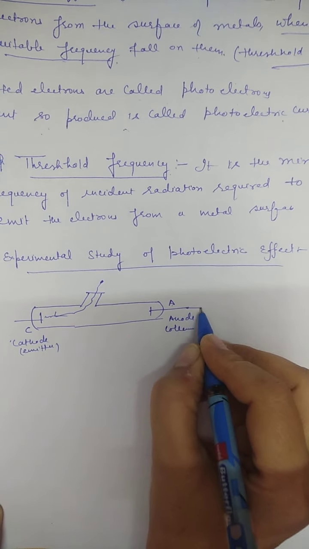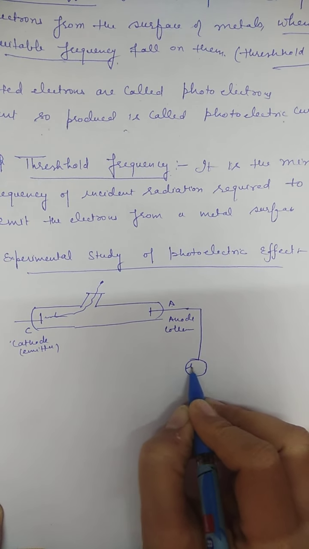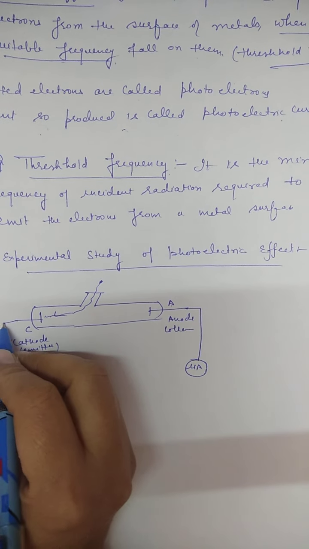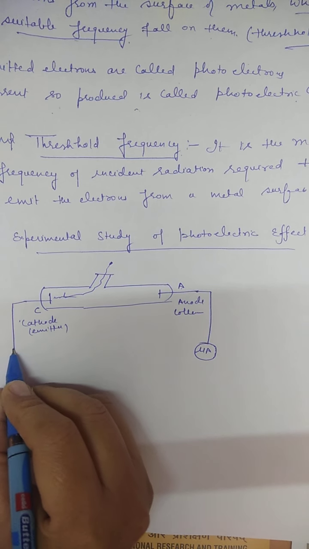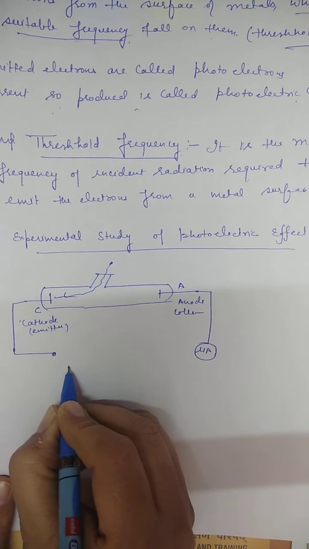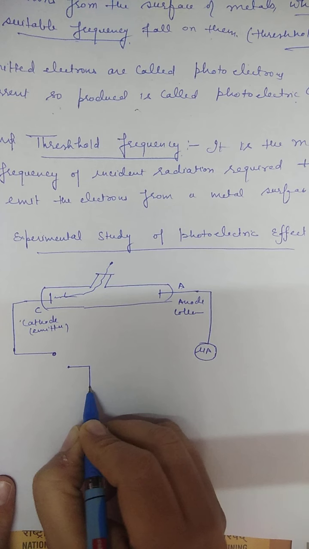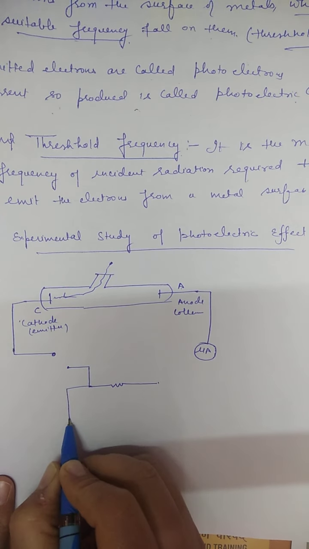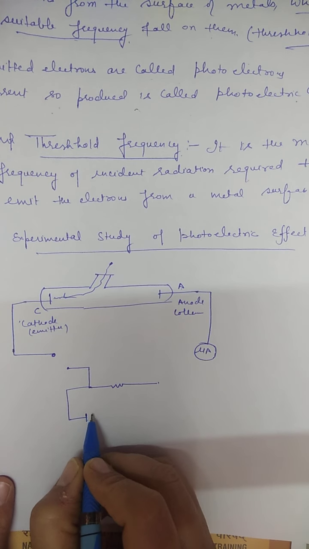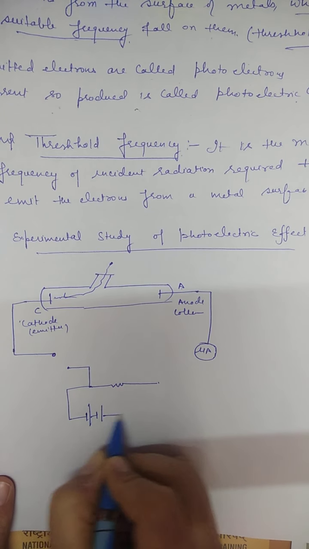It is connected to a micrometer, because this current is very small. Then it is connected to a battery through a reversing key. रिवर्सिंग की का फंक्शन अभी मैं आपको बताती हूँ. यहाँ ये रिहोस्टेट है, ठीक है, एंड इट इज कनेक्टेड टू अ बैटरी नेगेटिव टर्मिनल. Then it is positive, negative, positive, negative.